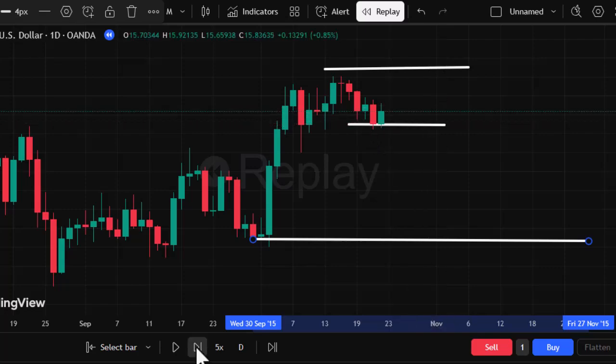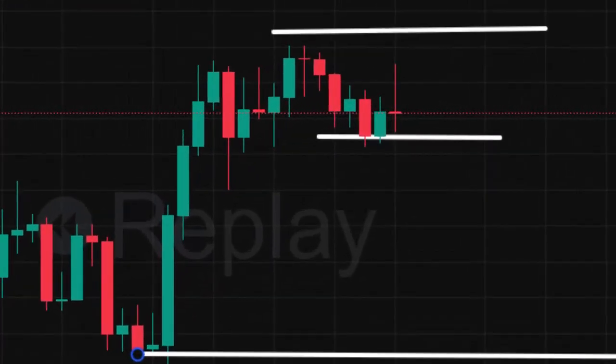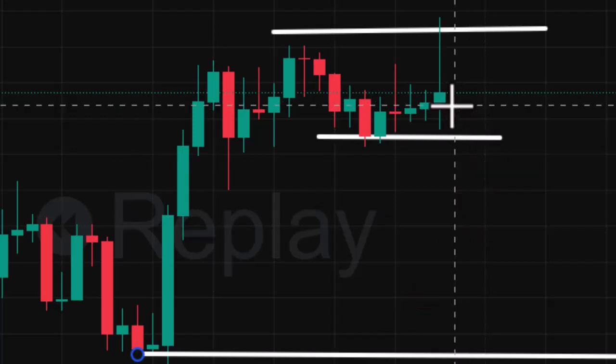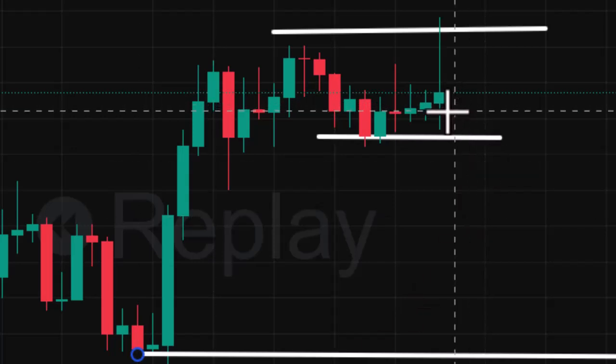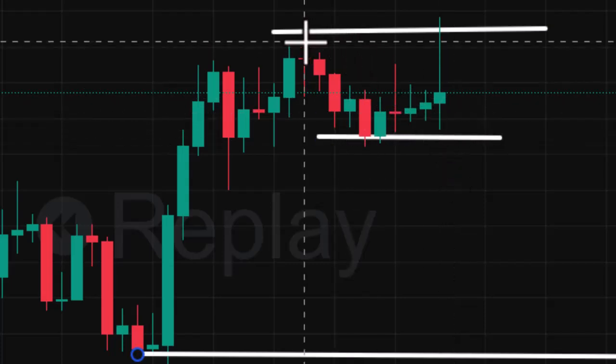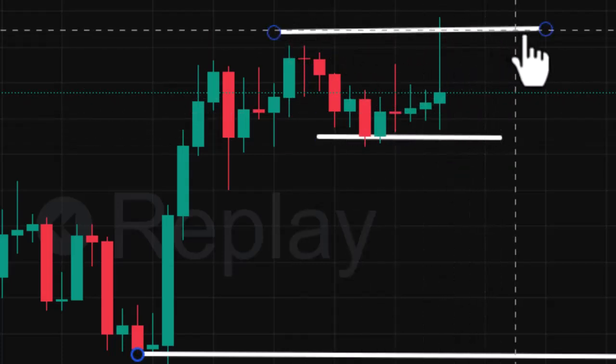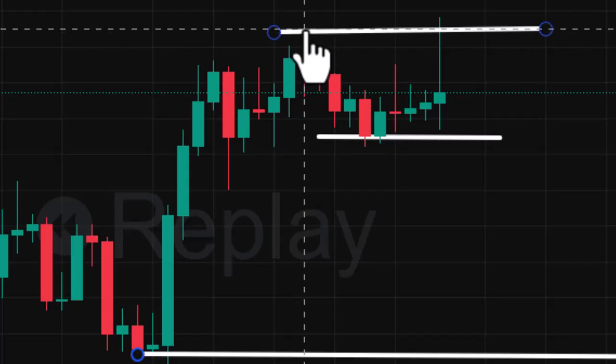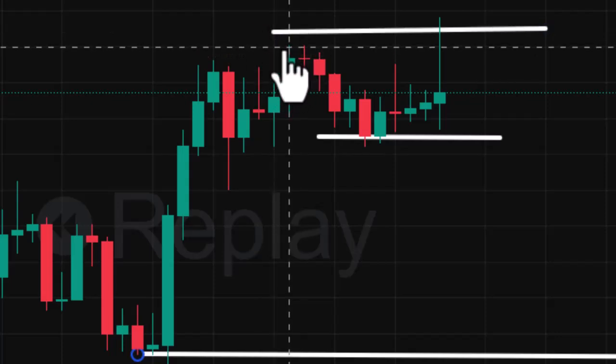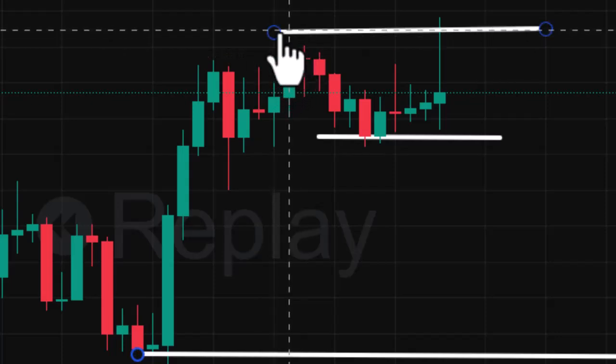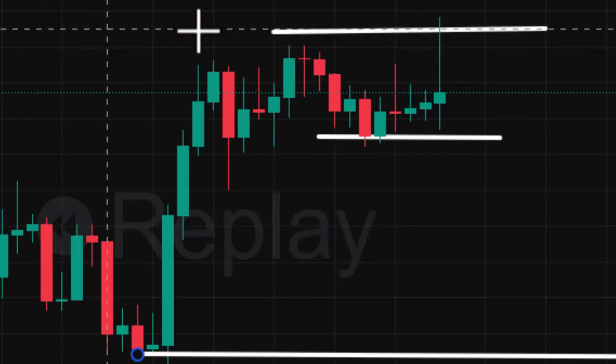So if institutional traders are to come into this trade, this is what they would do. You see this candle? They come and they trip off all the stop losses placed around this zone. Those using tight stop loss, that will place it right here, and those that will give a bit of room, they come and they trip off all the stop losses.